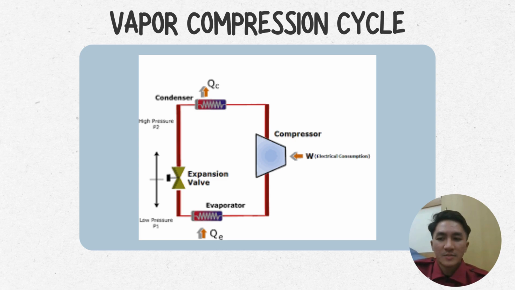For the expansion, the liquid passes through the expansion valve, dropping in pressure and temperature. Then the evaporation, the low pressure refrigerant absorbs heat from indoor air, cooling the space.